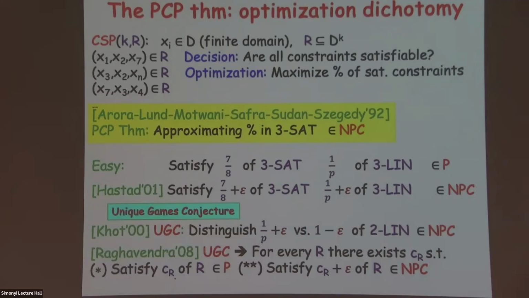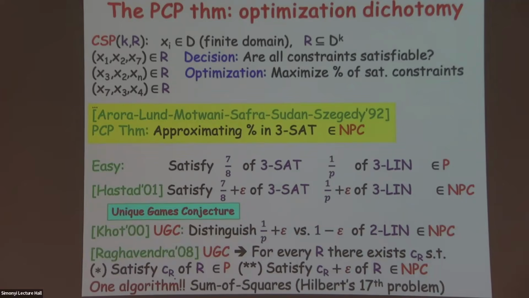There's a dichotomy of a very fine grain. And here, the algorithm that does it in polynomial time, I mentioned picking at random, but that's not always the best you can do. In fact, the best you can do is, again, guaranteed by one single algorithm.